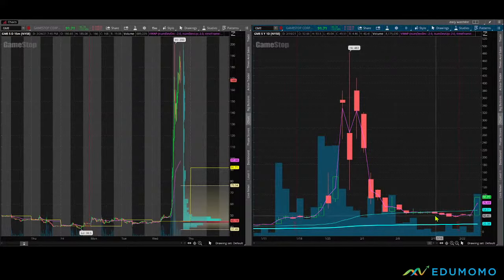Then this last week or two, we broke that support. 50 broke, got under 48, and it just kept selling. So this breakout failed, and now we're under the 50-day moving average and closing.